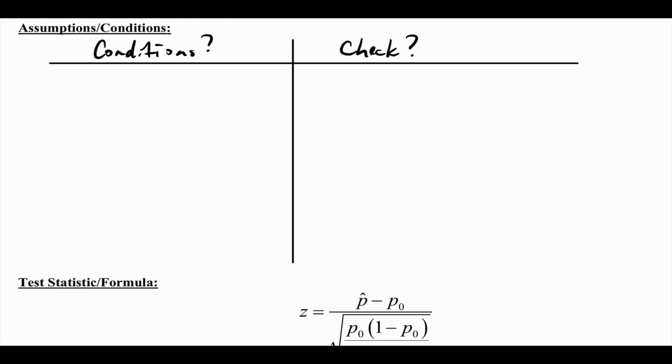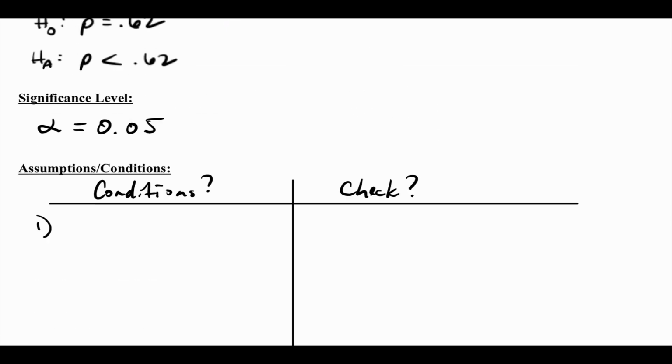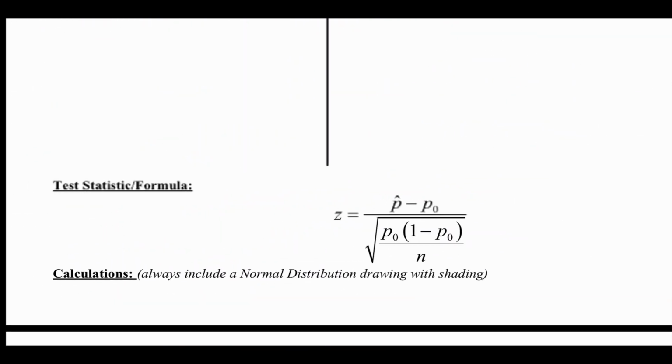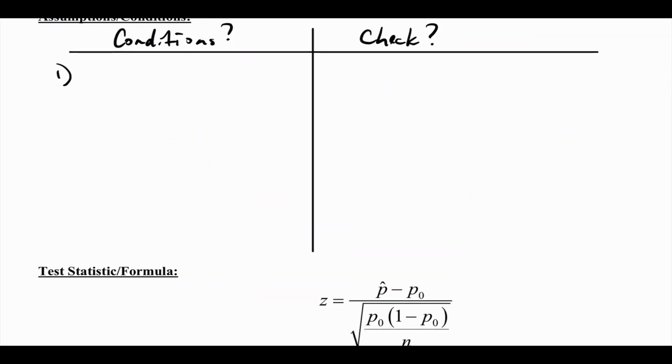Our calculations are going to be based on the sample of 450. Because it's based on the sample, we have to do assumptions and conditions. Okay? Do we still use the SRS, 10% condition? So here are the ones we need to check right here. First one, sample. Is it a random sample? Were the 450 people a random sample?